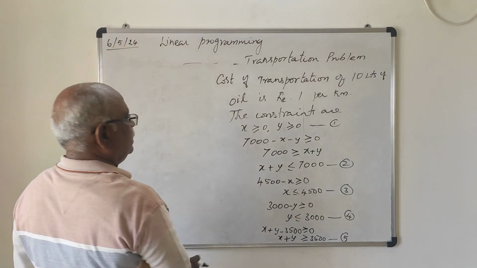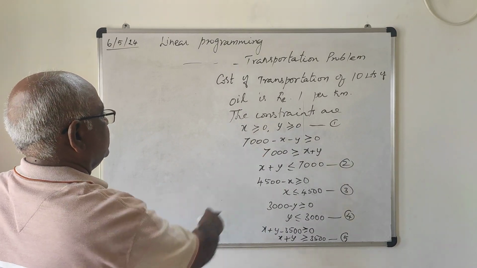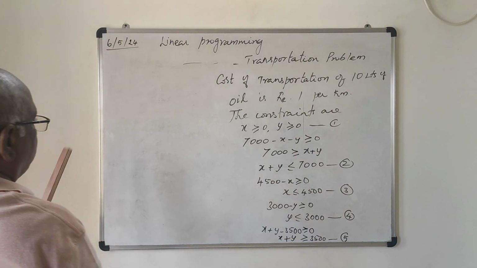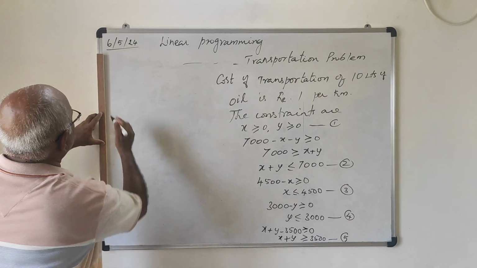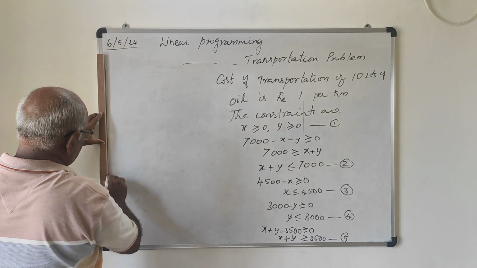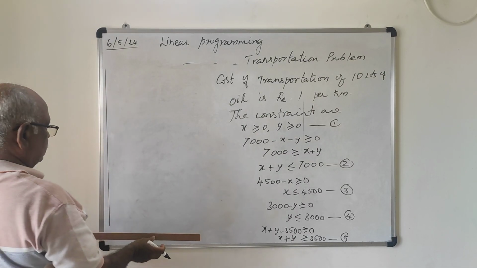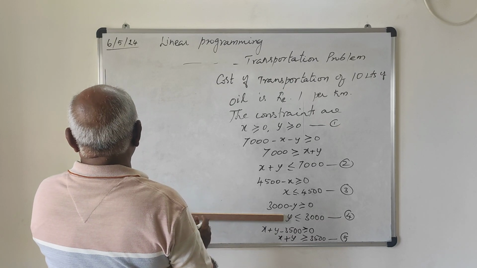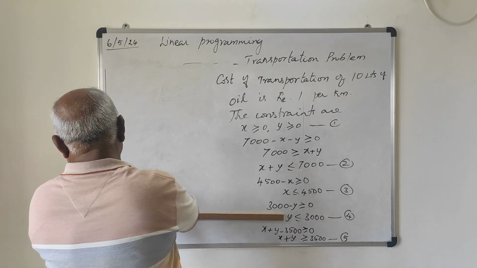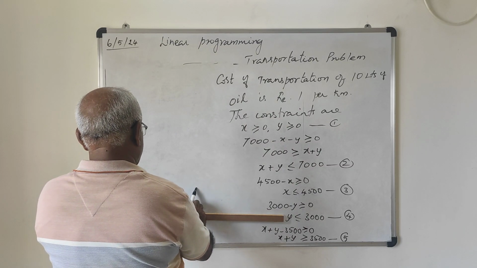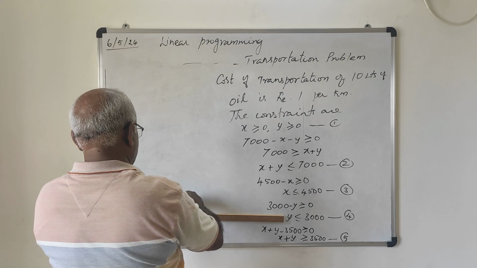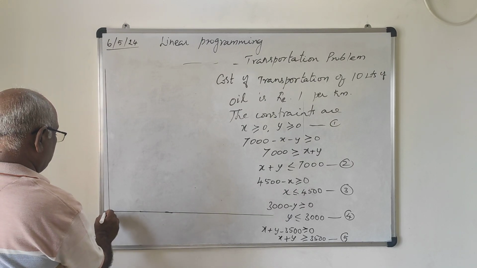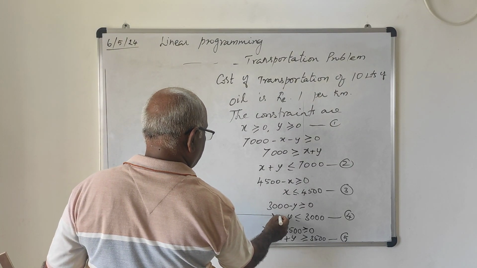So from this idea, using these constraints, the graph is: origin, x-axis, y-axis.